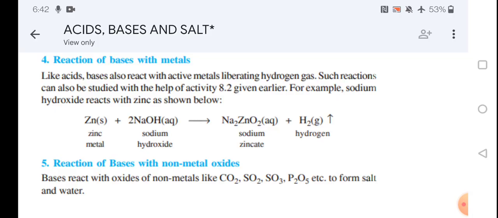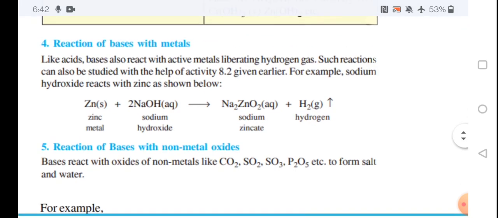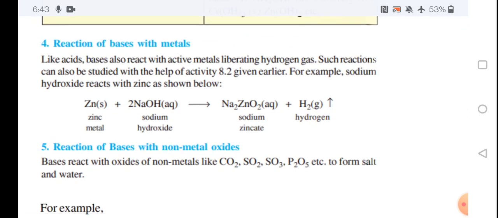Such reactions can be studied with the help of an activity, as we studied in acids. For example, zinc metal reacts with sodium hydroxide to give sodium zincate and hydrogen.